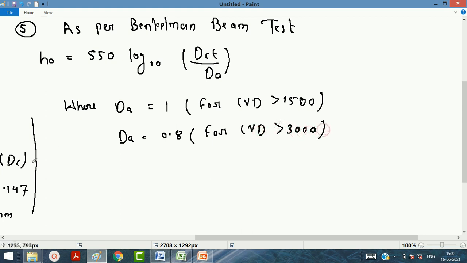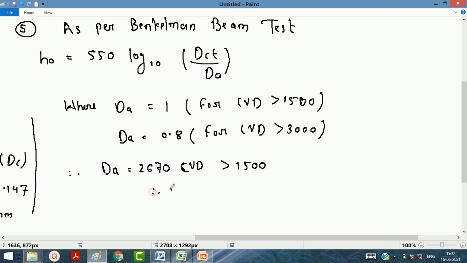In our question, the traffic is given as 2670 CVD, which is greater than 1500.